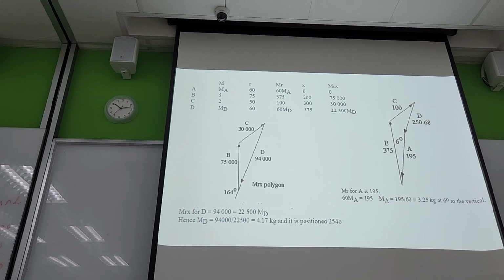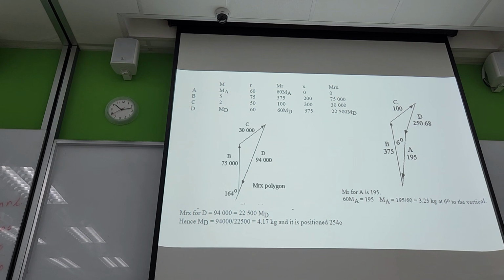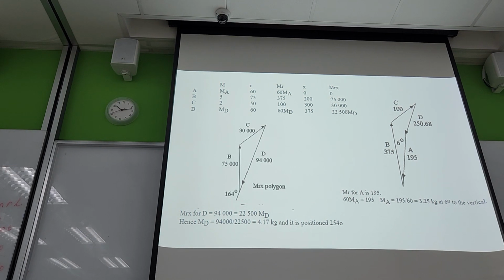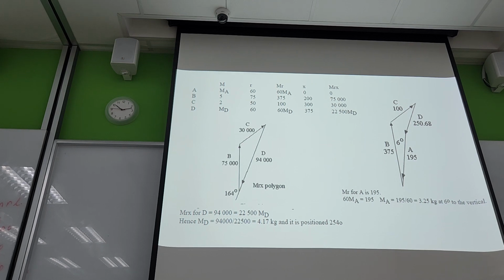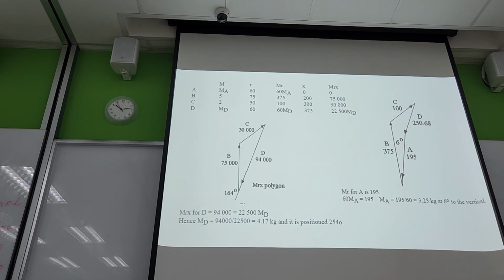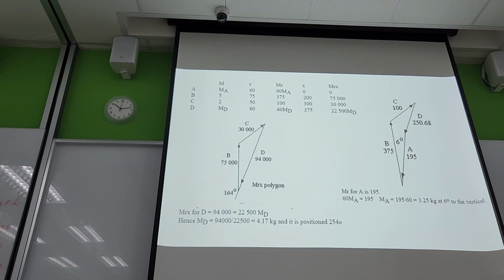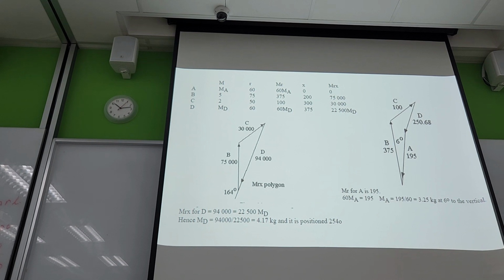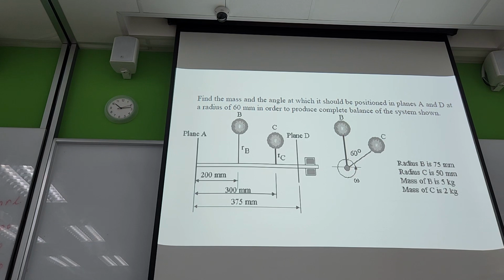So now we know the mass C. So you can see the angle between B and C is 60 degrees. So B is, you can see the angle B is vertical along the y-axis.